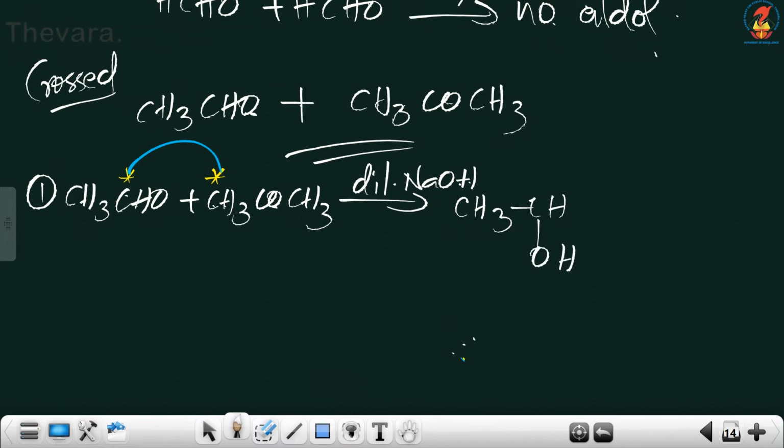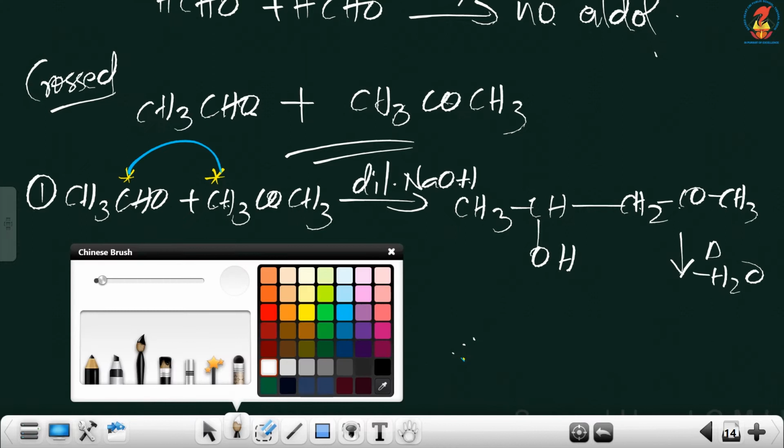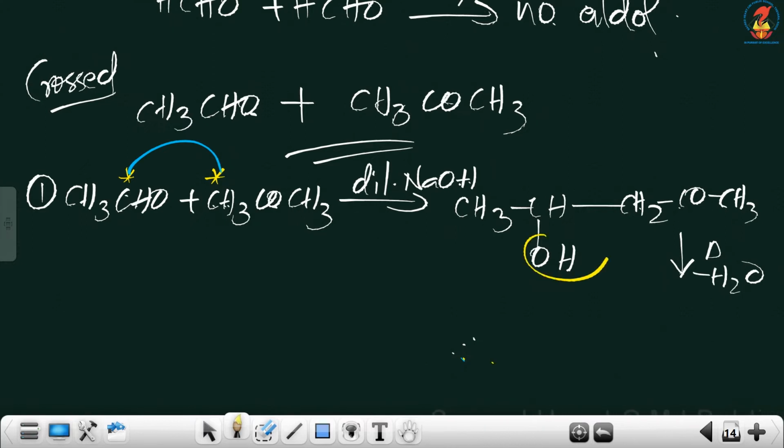Connect this carbon to this carbon by a single bond, reducing one hydrogen, that is CH2, then copy the remaining part. On heating, minus H2O. So finally what we are getting is CH3, CH, double bond CH, COCH3. It's the first possibility, the first product.